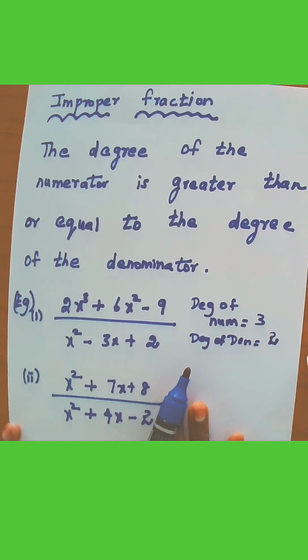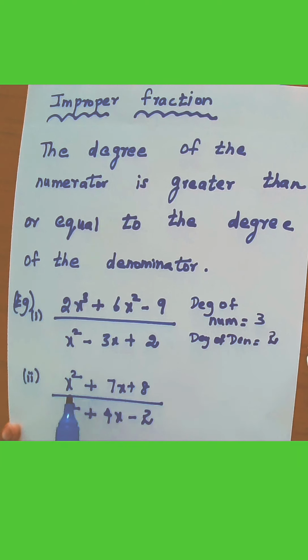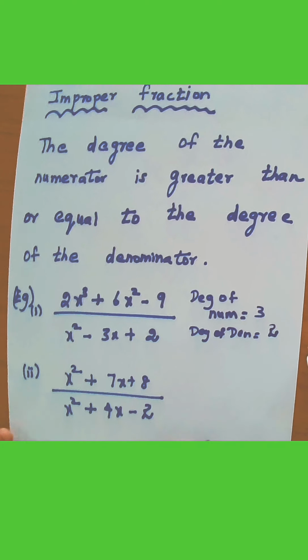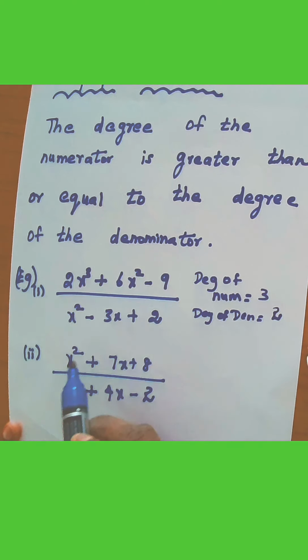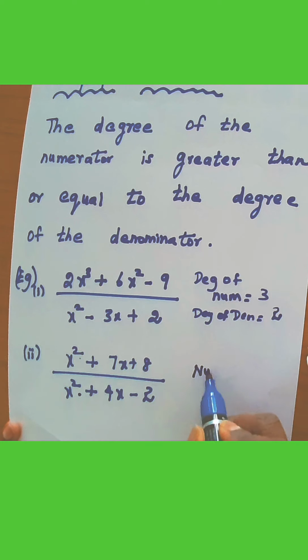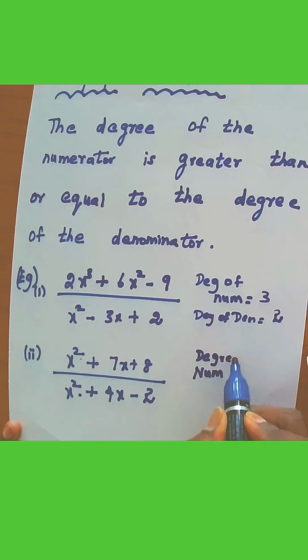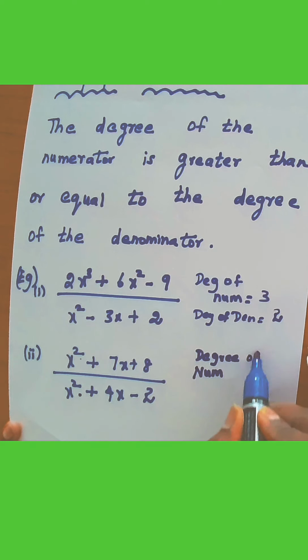Understood, students? Similarly, the next example: x square plus 7x plus 8. Here the numerator degree is 2 and the denominator degree is also 2. So both have equal power, the degree of the numerator is equal to the degree of the denominator.